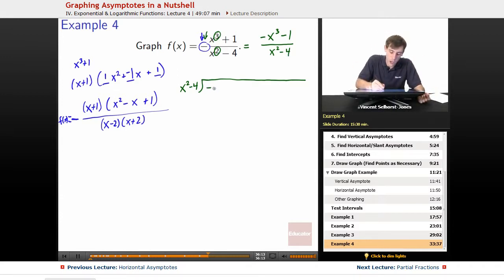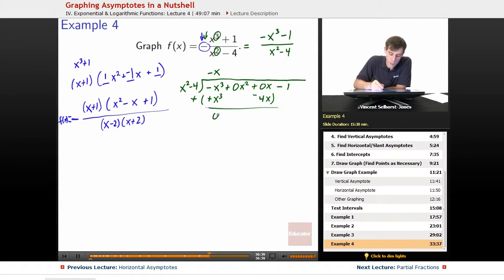x squared minus 4, so negative x cubed. How many x squareds do we have? 0 x squareds. How many x's? 0 x's minus 1. x squared minus 4, how many times does x squared go into negative x cubed? It's going to go in negative x times x squared, negative x cubed, negative x times negative 4 becomes positive 4x. We subtract this whole thing, distribute the subtraction.